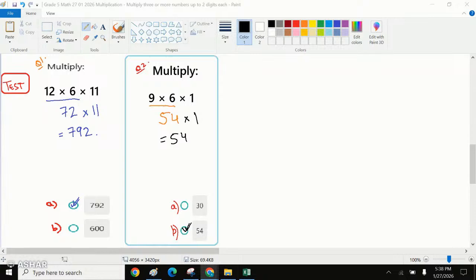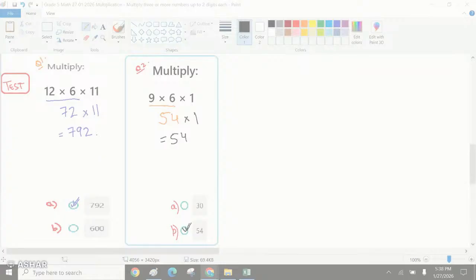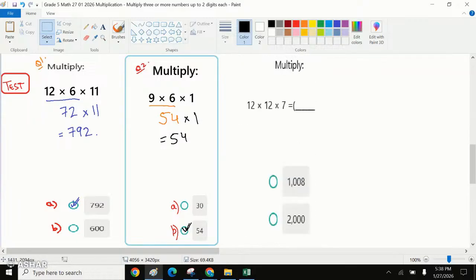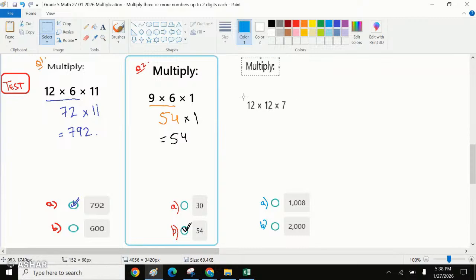Thank you. For the next question, it says 12 multiplied by 12 multiplied by 7. Let's see, question number 3. This is option A, option B, and the question said multiply 12 multiplied by 12 multiplied by 7.